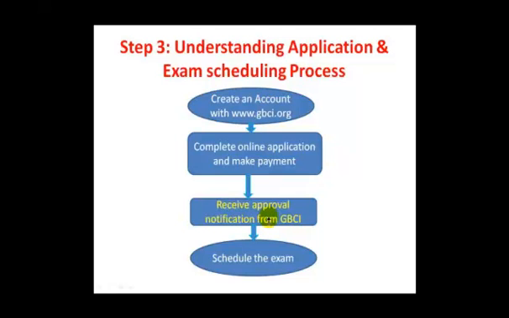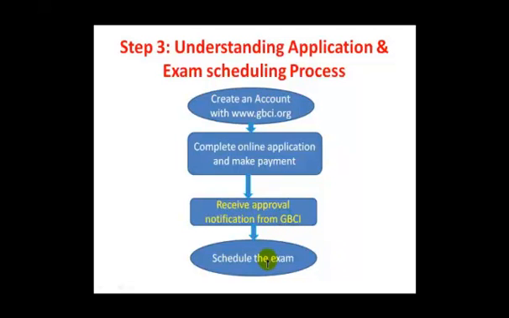On submission of application, you will receive an approval notification from GBCI within 48 hours. GBCI has a policy of auditing 5 to 7% of the incoming applications. In case your application is selected for audit, it will take a maximum of 7 days to receive the approval notification. But in most cases, the application will be approved within 48 hours.